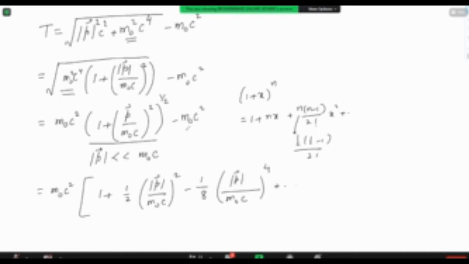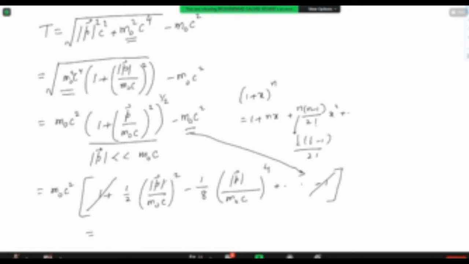And since I have taken m naught c square common, from the last term we have minus 1. We have expanded this and ignored the higher order terms, and since we have taken m naught c square common, we have this as minus 1. Therefore, this is going to cancel with this, and what you are going to get is the following.